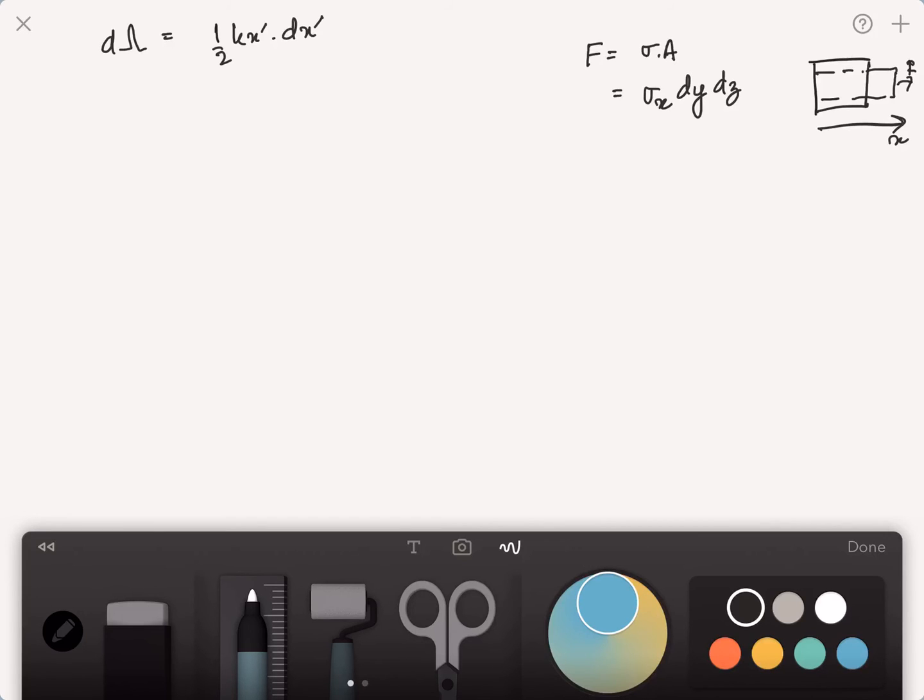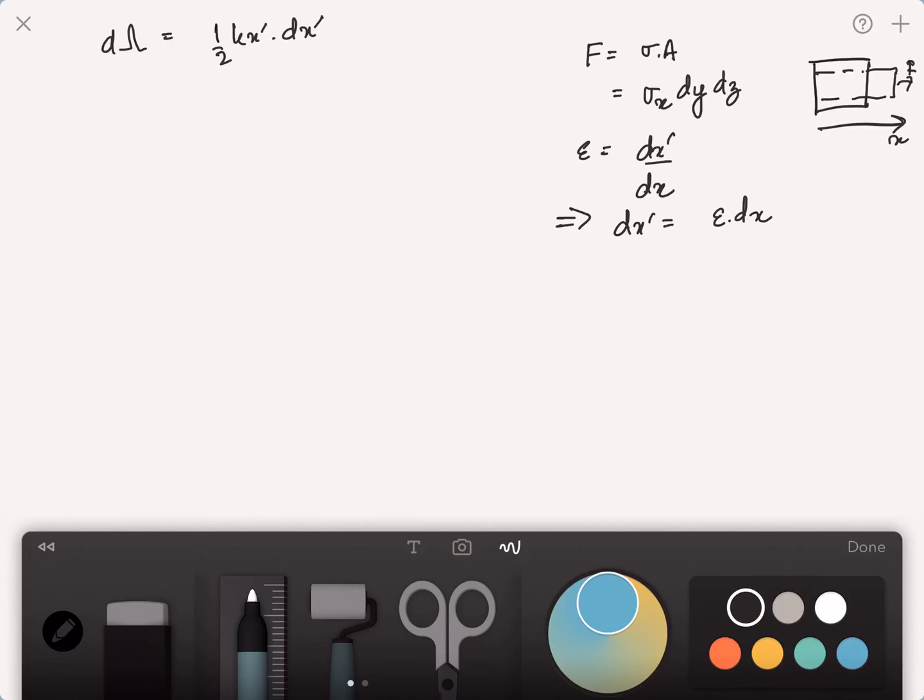So what this basically is just giving us the volume where the load is applied in the system, and the strain epsilon will be very easily given as the differential of x' and dx, which was the original length. So we can easily write dx' as epsilon dx.